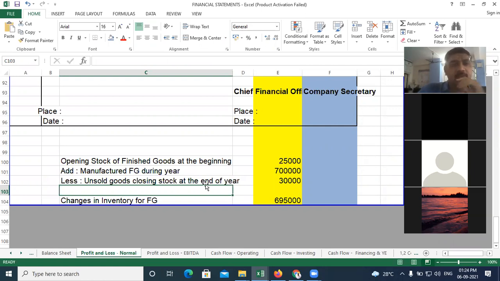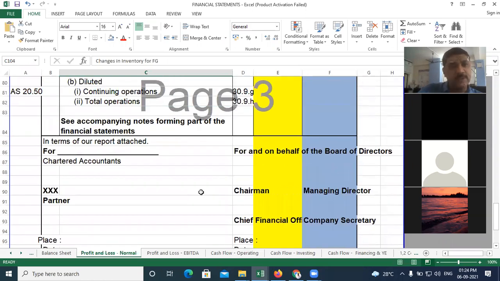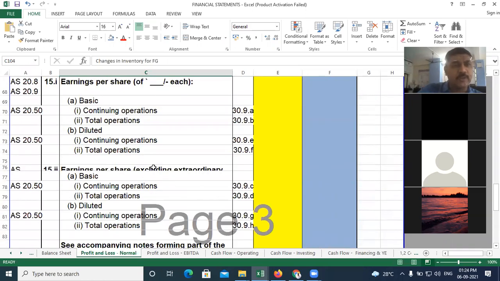So what remains is the changes in inventory for finished goods. I hope you understood this very well. Tarunam, Satvinder? Yes or no? Yes, sir. So this is how we calculate the material we have consumed.